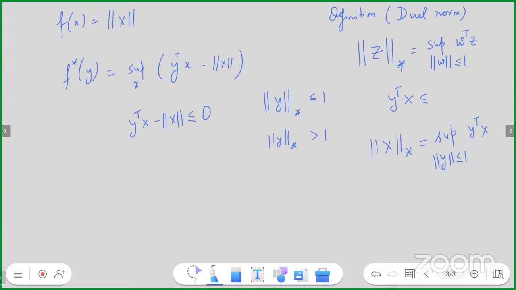Okay, so by a similar argument, I think we can show that the dual of the dual norm is the same norm that we are wanting. Don't complicate matters. So what is that? If we take W equal to y by norm of y, which norm?